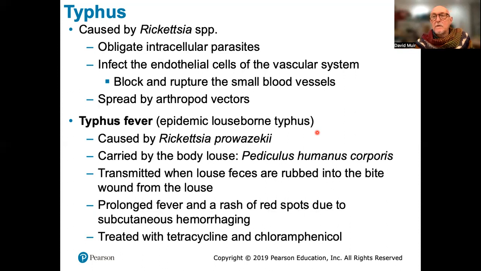And in ghastly situations like during the Holocaust, in the concentration camps in the 1930s, 1940s, typhus was a major source of mortality for prisoners. It still arises in disaster situations very commonly.